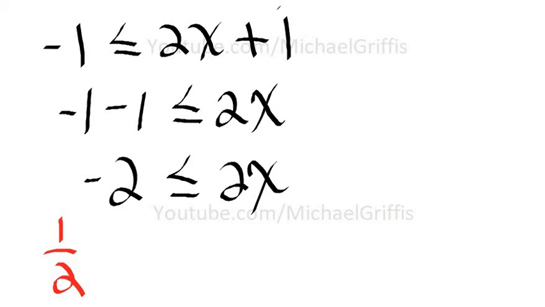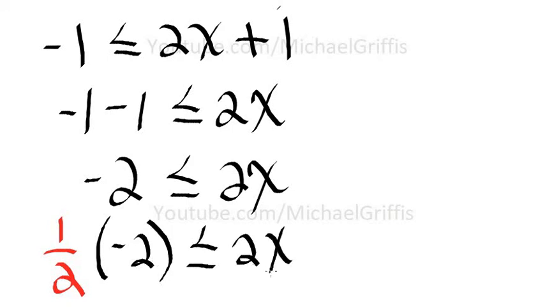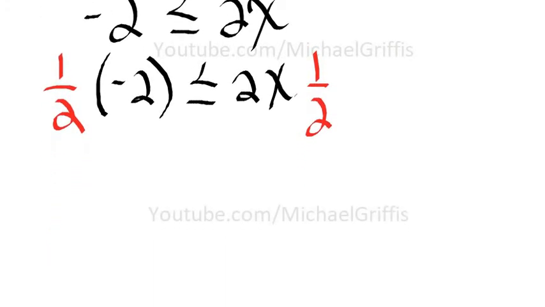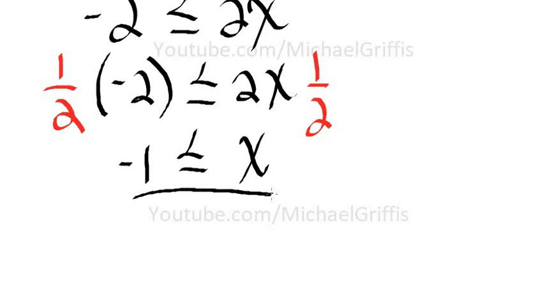The coefficient of x is 1. Multiplying both sides by the reciprocal of the coefficient. Now we have a half times negative 2, which is negative 1, and 2x times a half is just x. So, there we go. x is greater than or equal to negative 1.